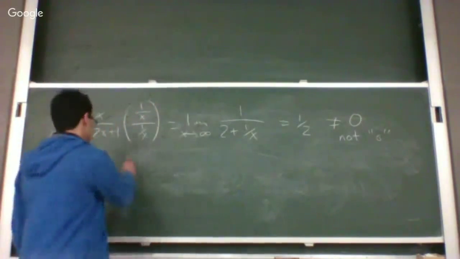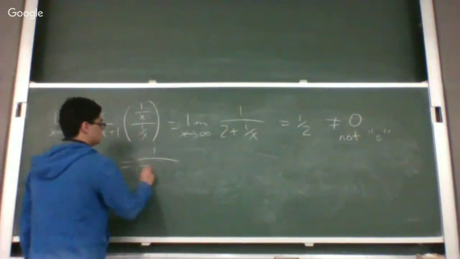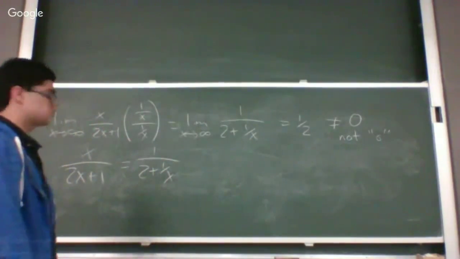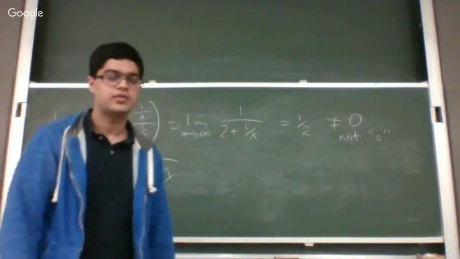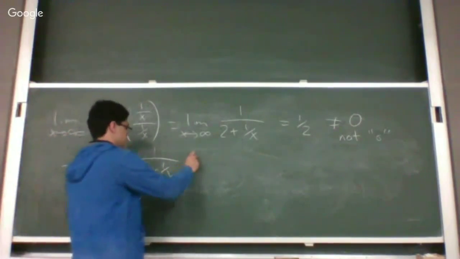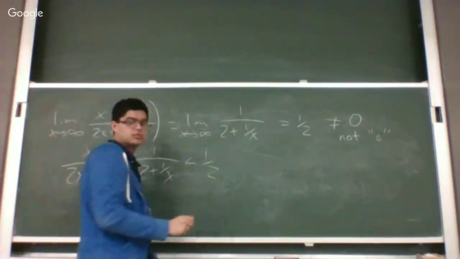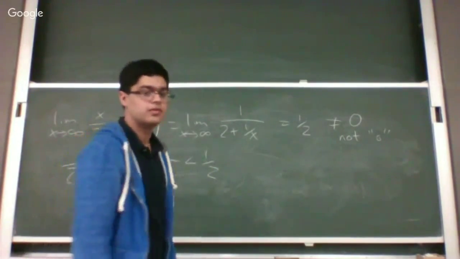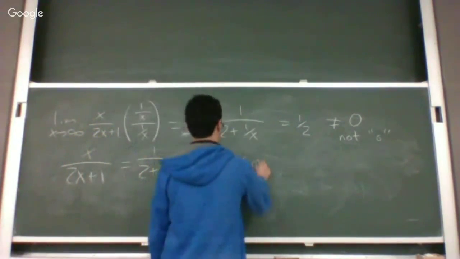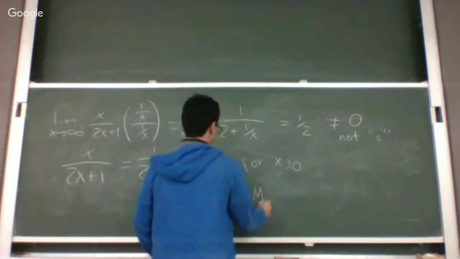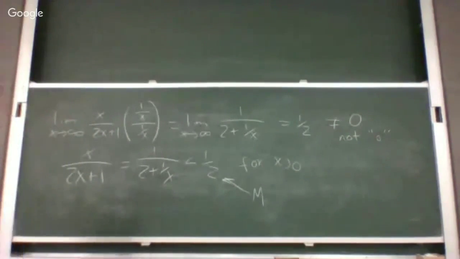And then she just did 1 over 2 plus 1 over x, which is less than 1/2 for x greater than 0. And she named this the M value, or the upper bound.